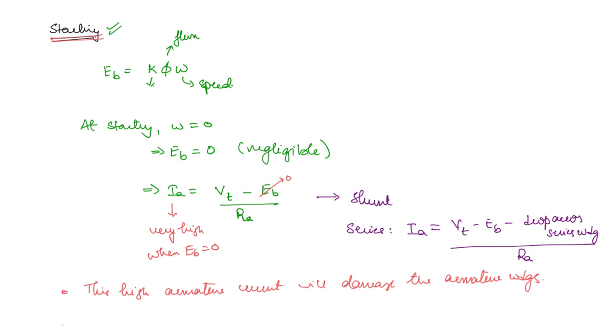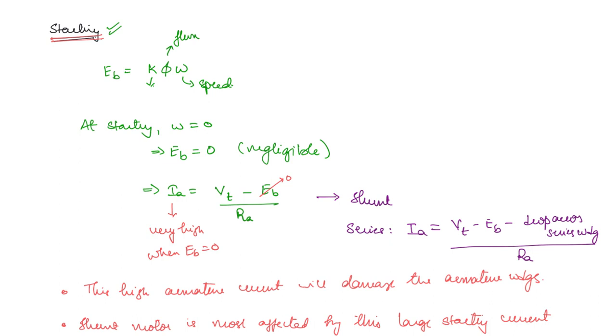So you can write another point. The shunt motor is most affected by this large starting current. For series motor and compound motor, the effect is going to be slightly less as compared to the shunt motor.